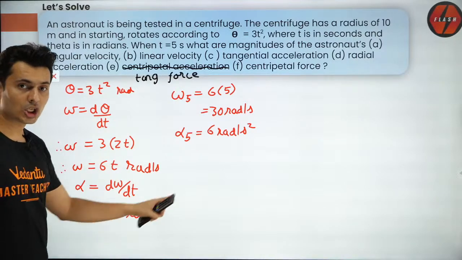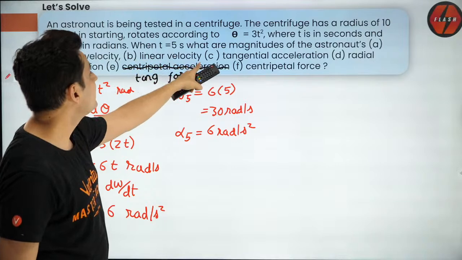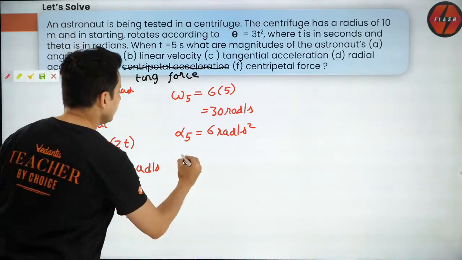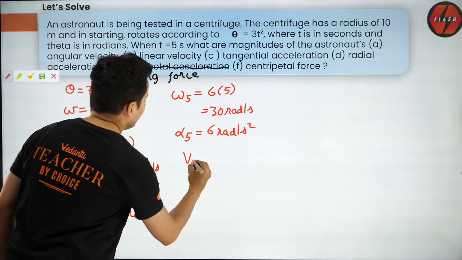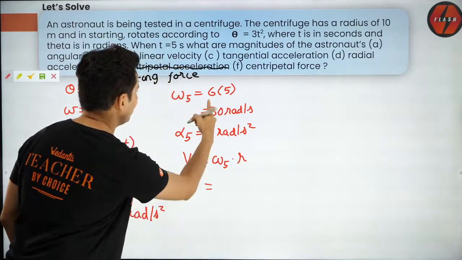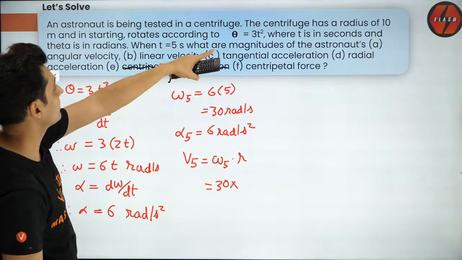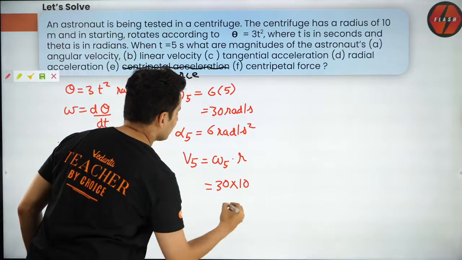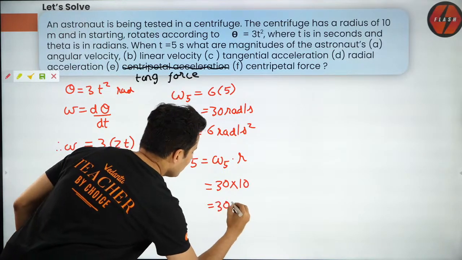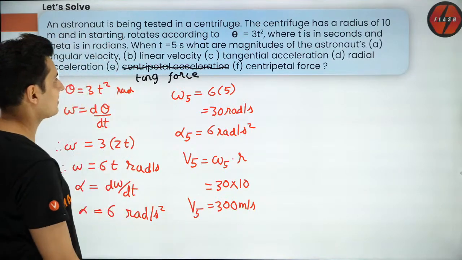Then the next thing is linear velocity. Linear velocity at 5 seconds will be omega into r. What is omega? It was 30. And what is the radius? Look at that. Where is the radius? Yes, 10 meters. So it will become 300 meters per second. That's the velocity at 5 seconds.